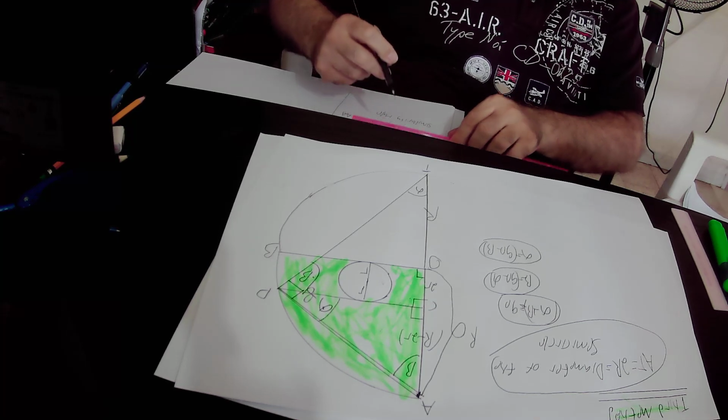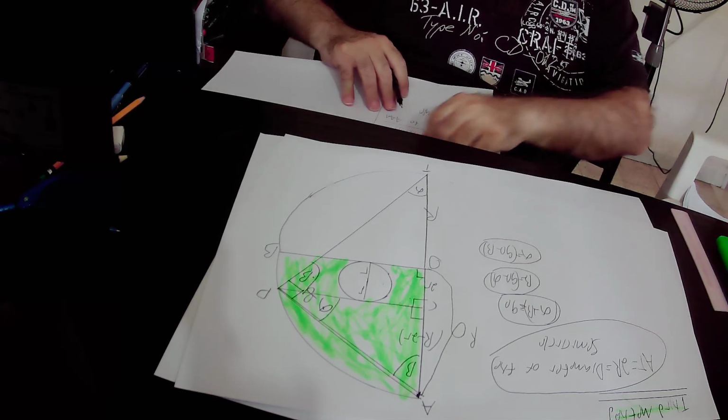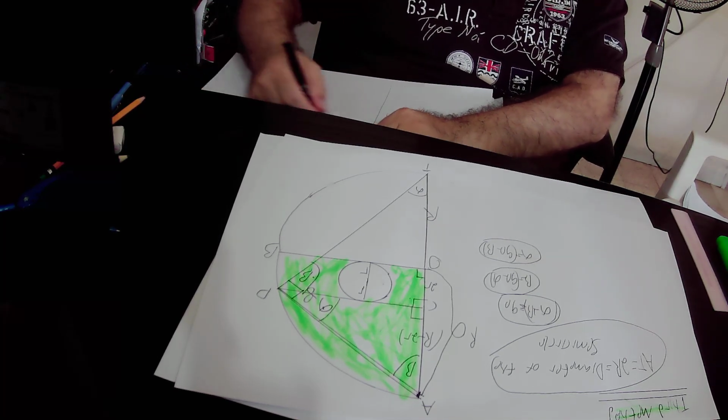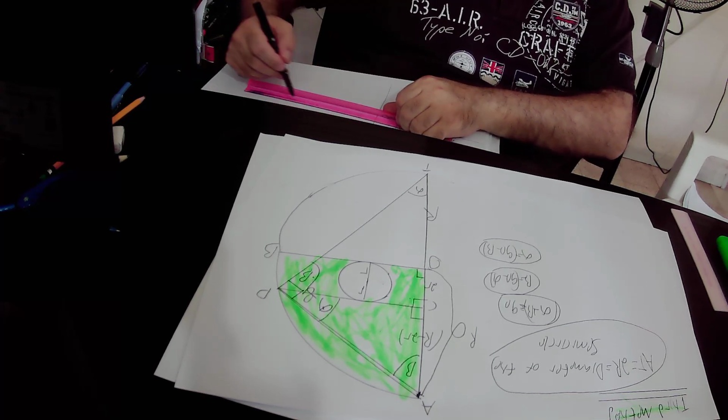Since those two right triangles are similar to each other, we derive that the following relationship exists between their sides.